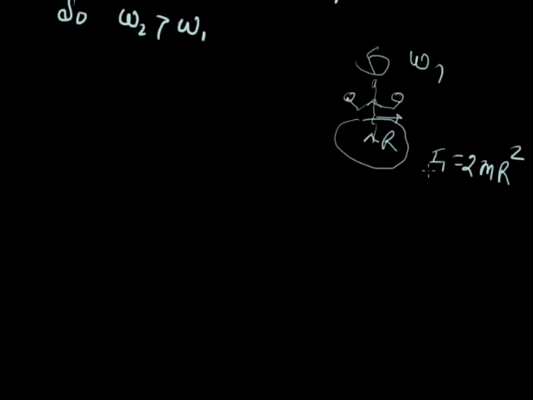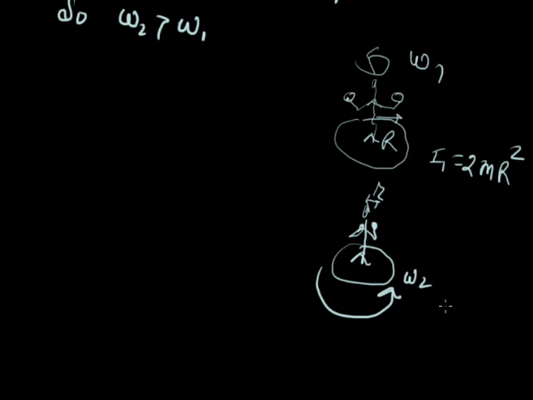Now, if he folds his arms in this way, this distance will be smaller, so the speed of the person will change. Let's suppose omega 2, and this time I2 will be 2 times m r square.